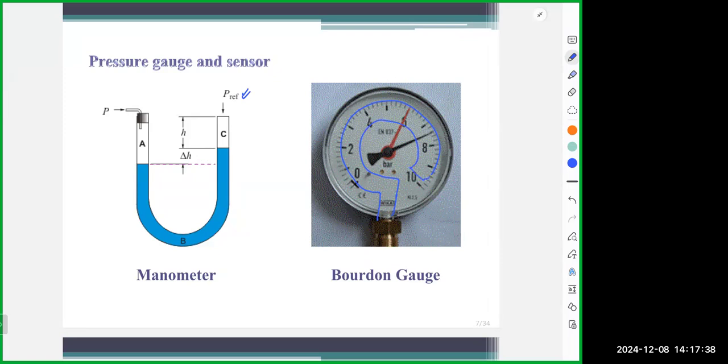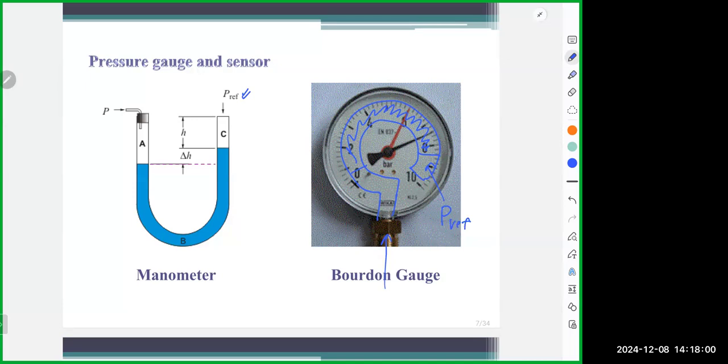The pressure outside comes here and pushes the liquid around here, where the reference pressure would be.